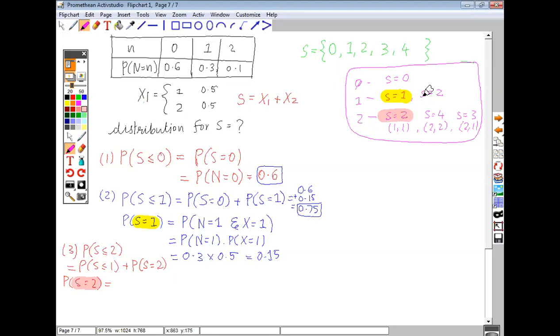We have S equal to 2 there as well. How should I write this?